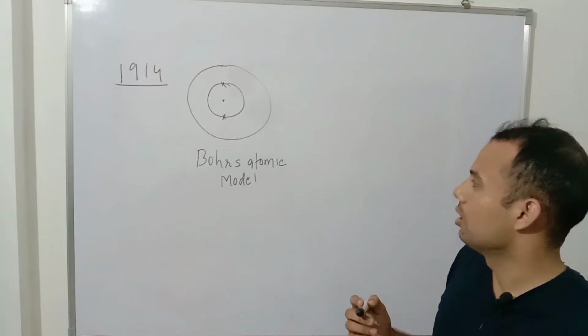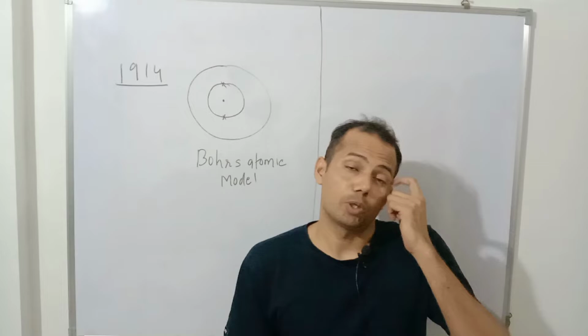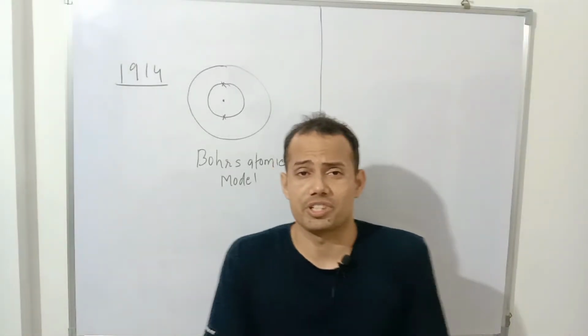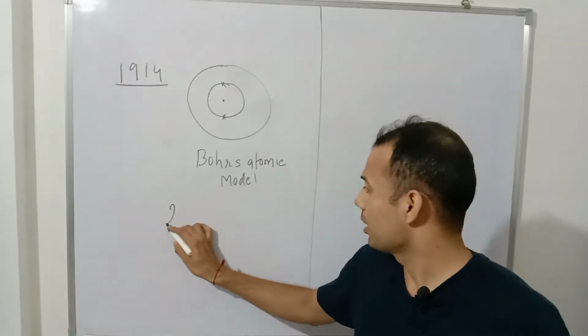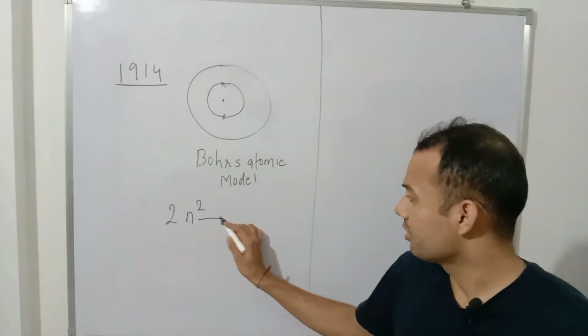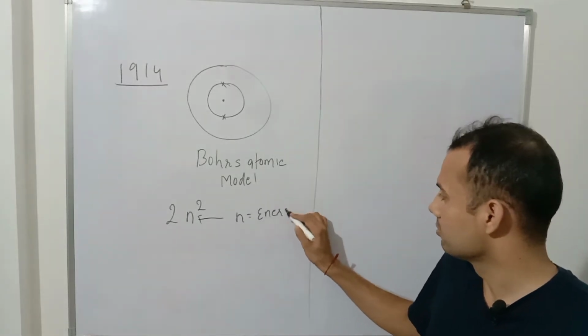For example, there was a formula. If you want to find out the number of electrons present in the first orbit or first energy level, then there was a formula like 2n squared. What is n? Here n is equal to the energy level.